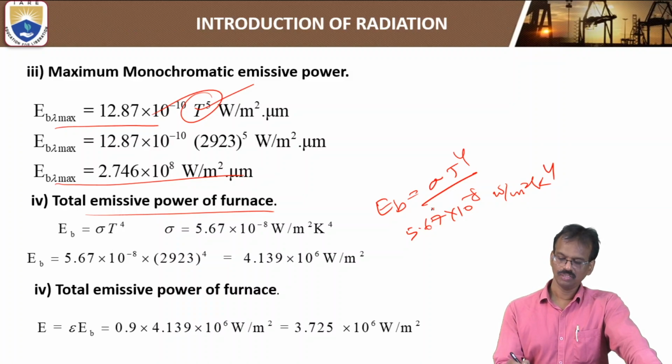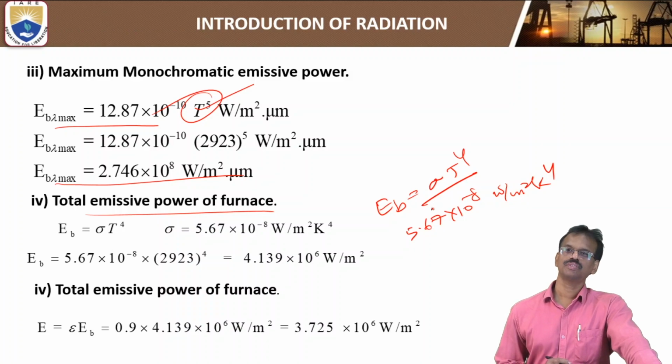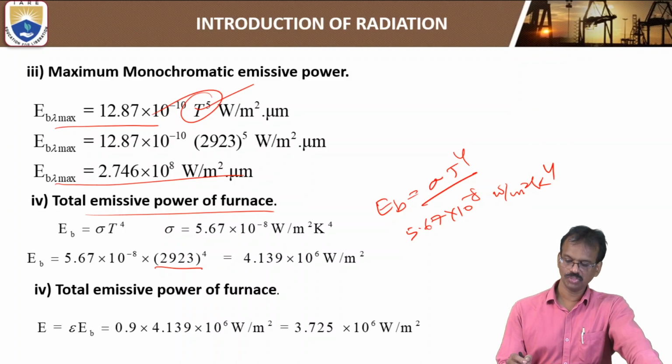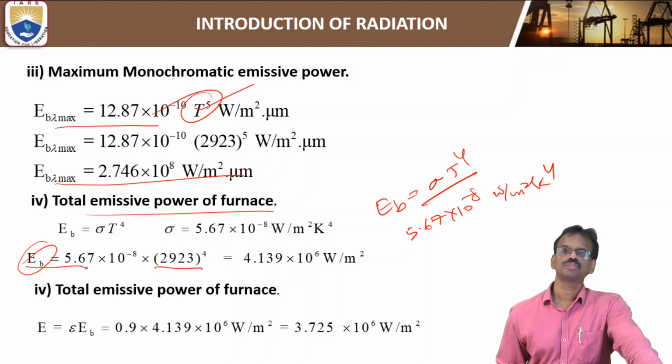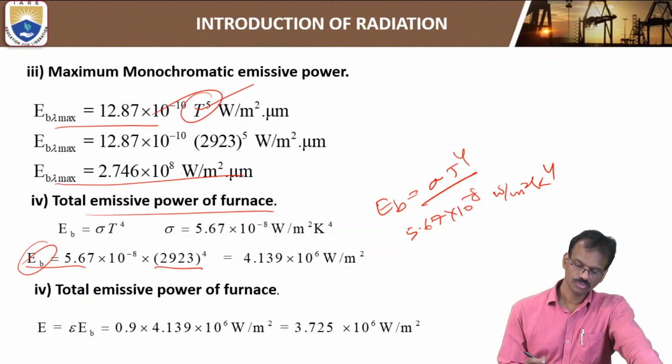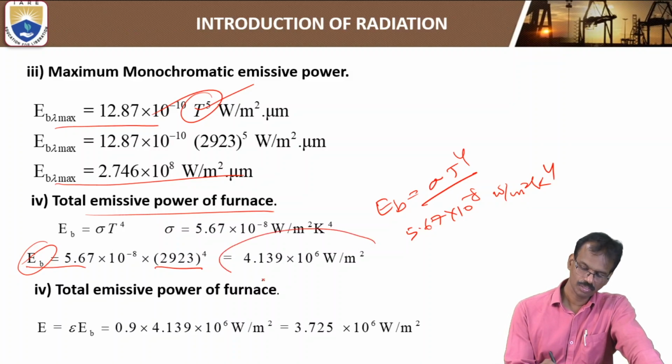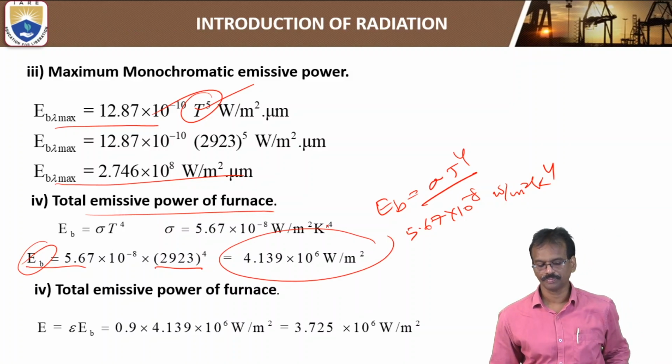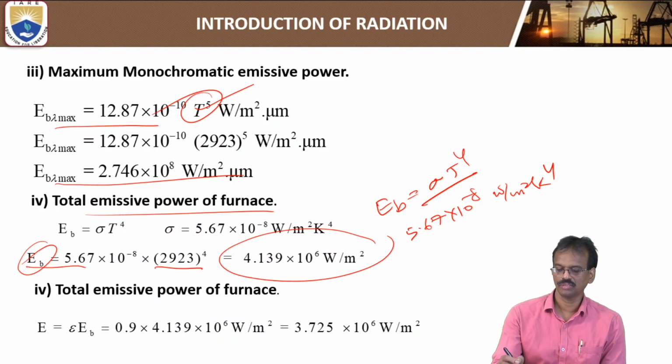T is the temperature of the surface, which is also given, 2923. If you substitute these values in this formula, we get the total emissive power: 4.139 into 10 to the power of 6 watt per meter square. Here the Kelvin cancels.